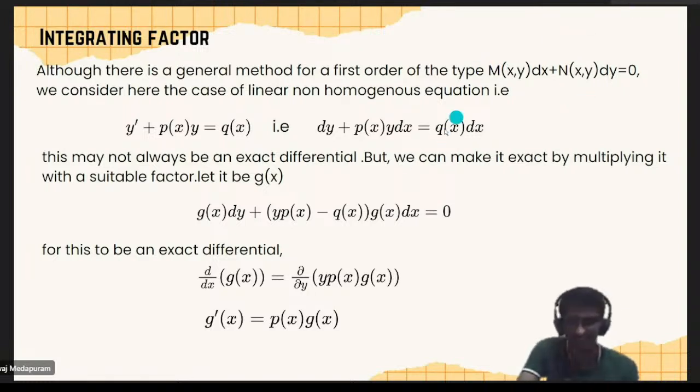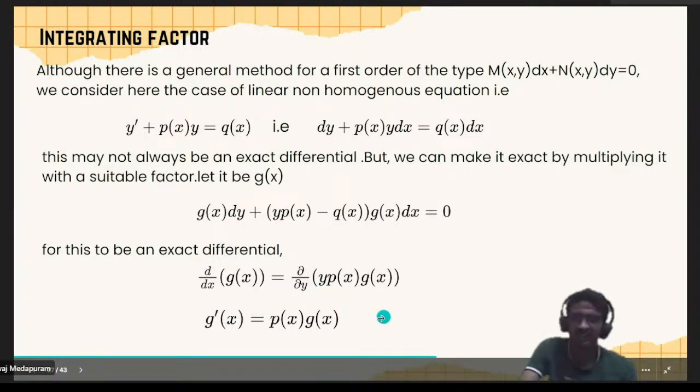It's just reverse of what I said before. So the x derivative of g(x) is equal to the y derivative of this function. Since this is a pure function of x, we can cancel this because it vanishes, and we obtain g'(x) equal to p(x) g(x), because p(x) and g(x) are pure functions of x and we are differentiating with respect to y.